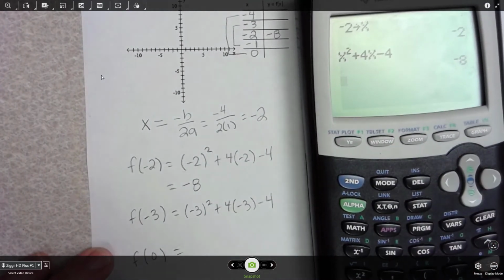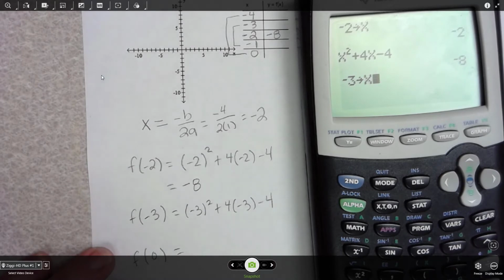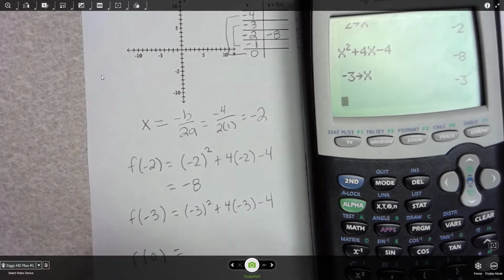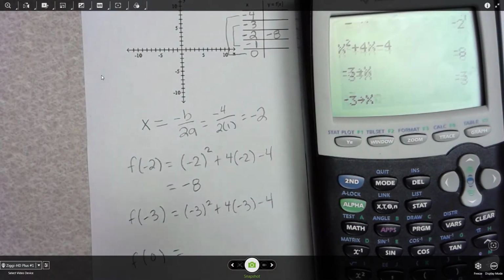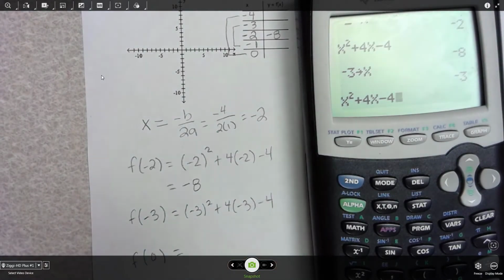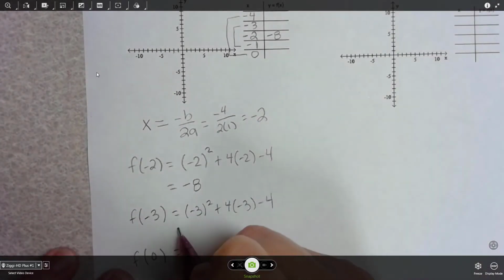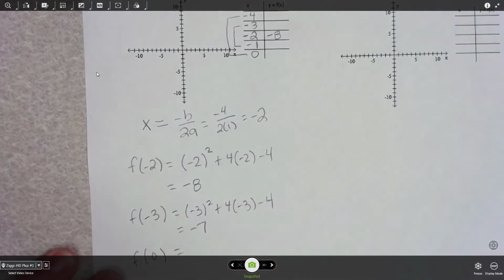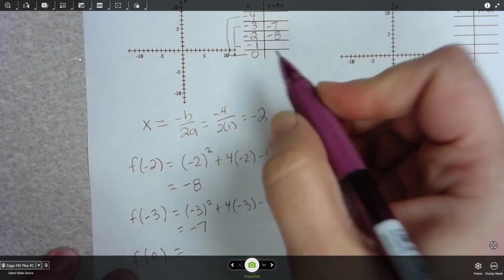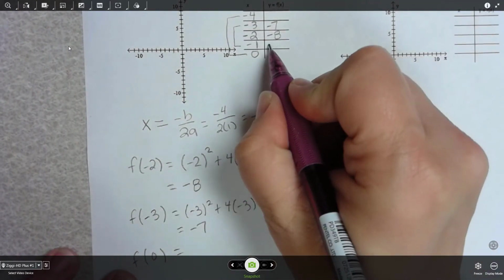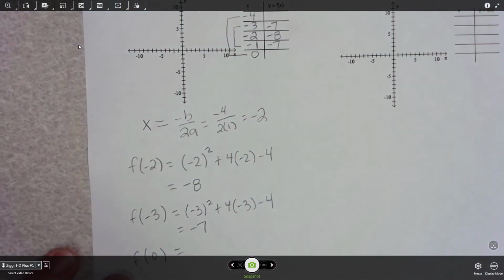So I would store -3 in x, and then just recall my function by hitting second enter until my function is on the calculator. Hit enter. Alright, -3 makes the function have a value of -7, so I'm going to plug that in there. That means -1 also has a value of -7.